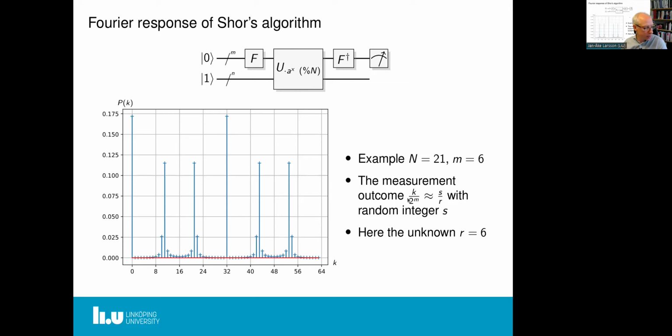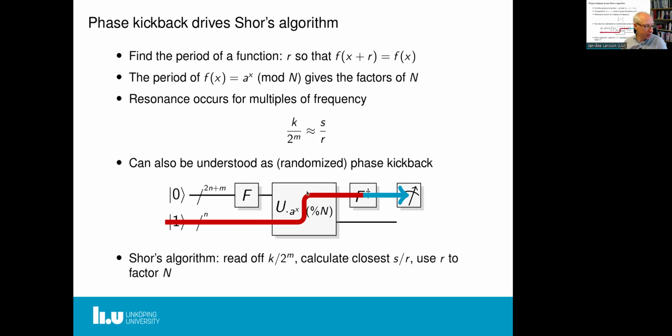K here is the measurement output, close to a random quotient with R in the denominator, where R is the period which you're looking for. The example is R equals 6.